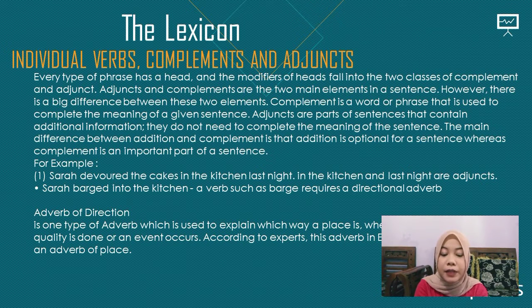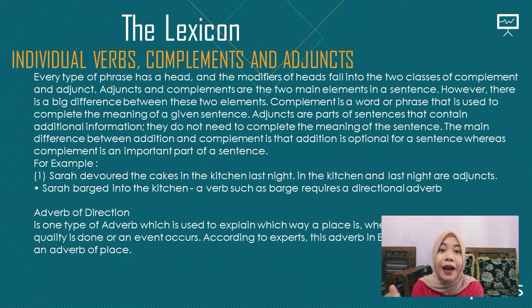The main difference between adjunct and complement is that an adjunct is optional for a sentence and a complement is an important part of a sentence. For example, Sarah devoured the cakes in the kitchen last night. In the kitchen and last night are adjuncts. Pertanyaannya, kenapa in the kitchen dan last night kita sebut dengan adjunct?